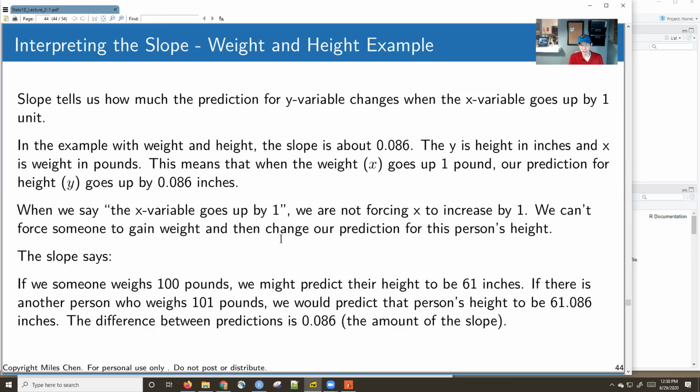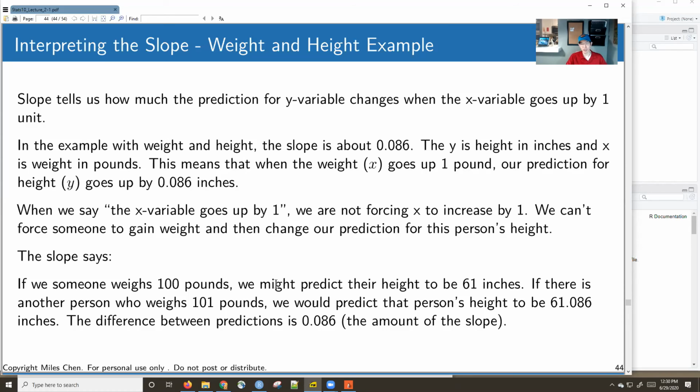But again, it's for kind of separate things. We're not trying to induce change in the y by manipulating the x here. In a lot of cases, we can't manipulate x. If we had flipped this around, it would make even less sense.